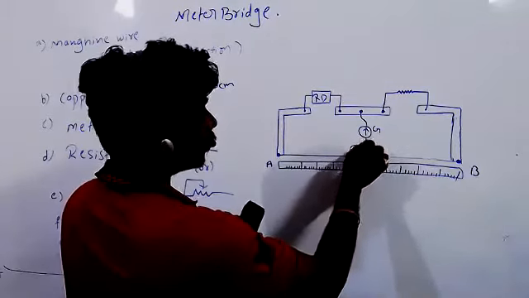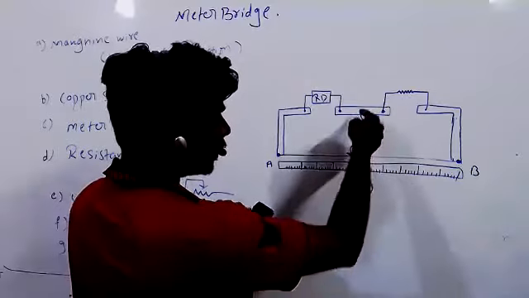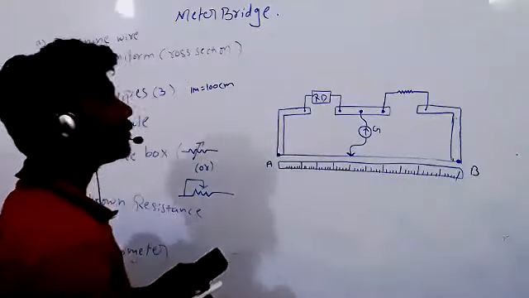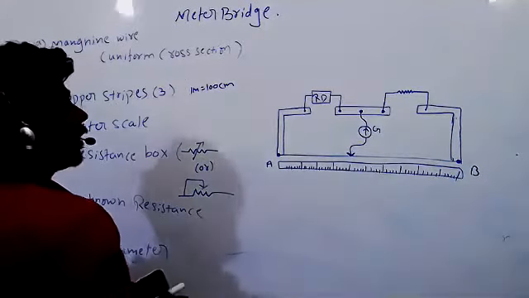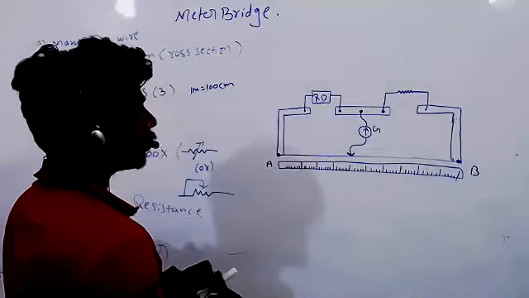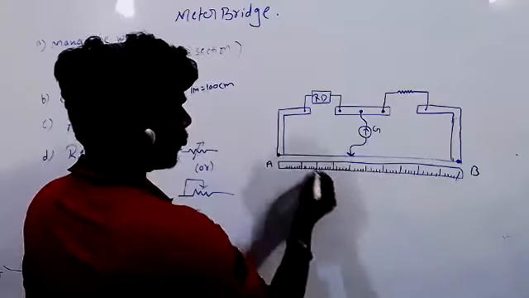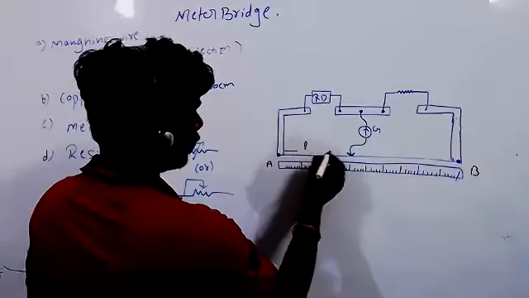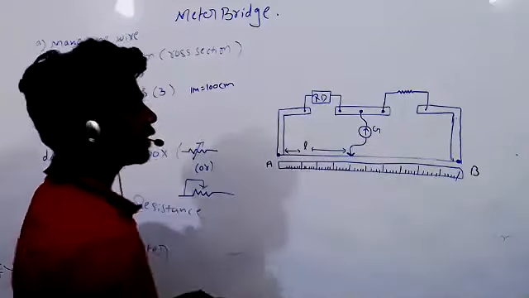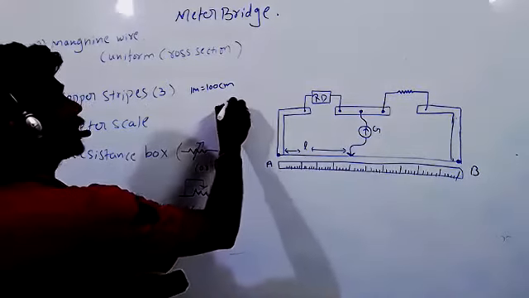So we have to touch the jockey so that the current passing through this galvanometer is 0. That time we will call it a balanced Wheatstone bridge. Where are the 4 resistors? First resistor, second resistor, where are the remaining 2 resistors? If the total wire length is 100 centimeters, at length L it shows 0 deflection in the galvanometer. 0 deflection is nothing but null deflection, the null point.